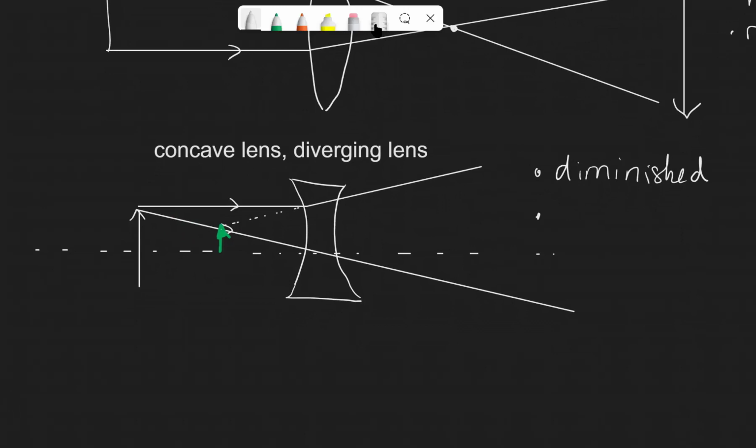We will also say that this here is a virtual image because it's on the same side compared to the focal point. It's on the same side as the object. And notice that this image is not inverted either.